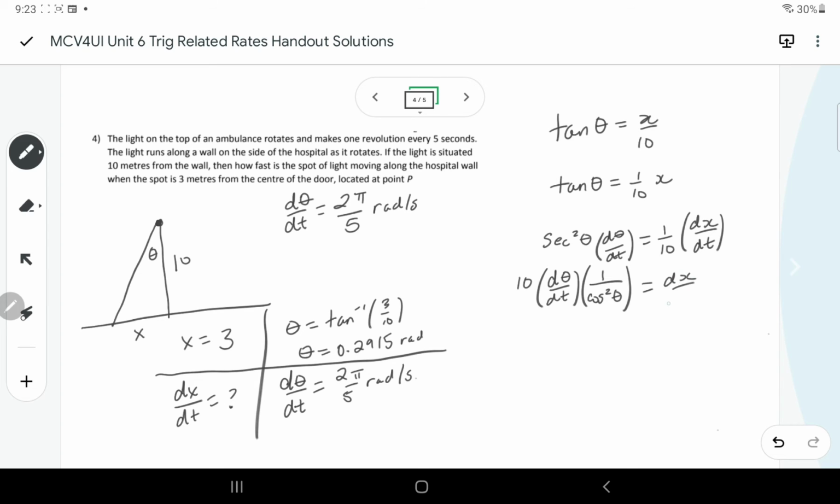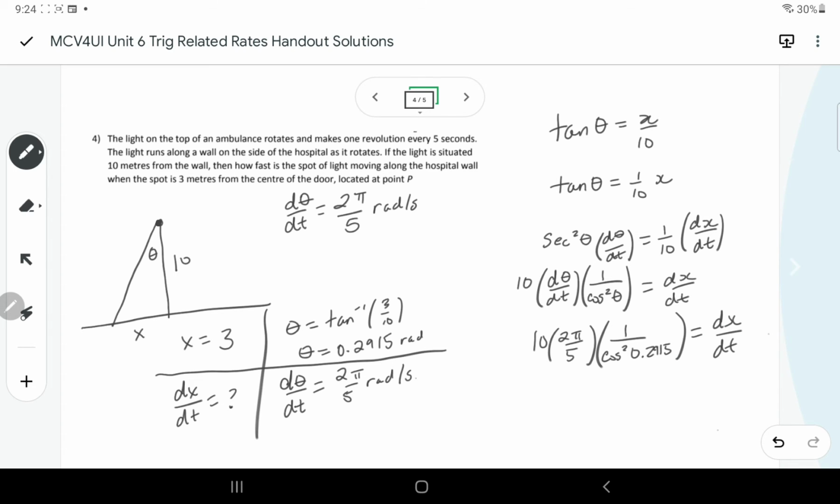Multiply both sides by 10. So there I've got 10, and d theta dt is 2 pi over 5, and then 1 over cos squared of 0.2915.